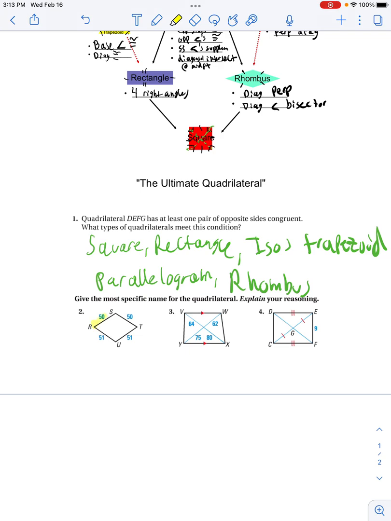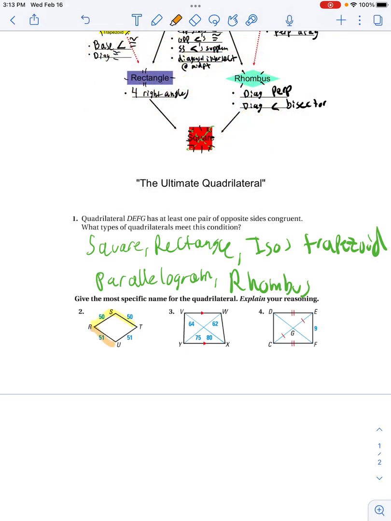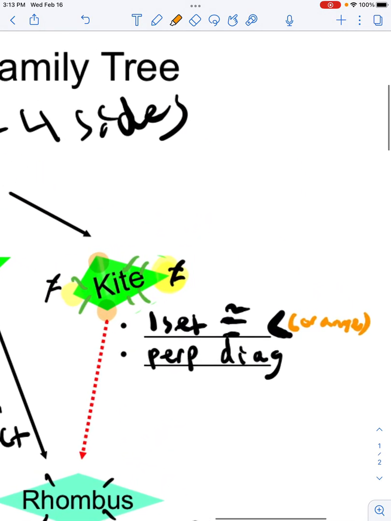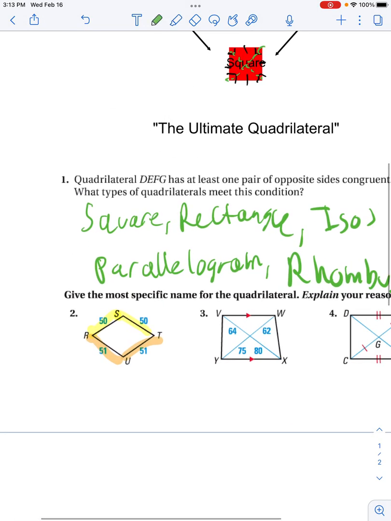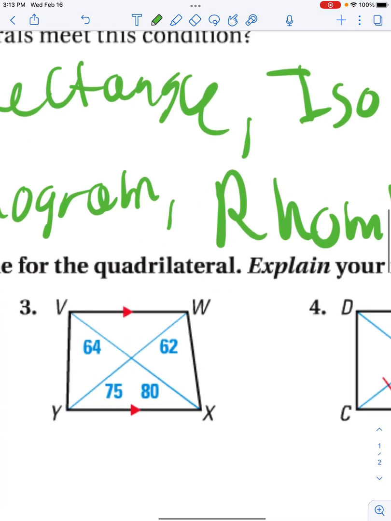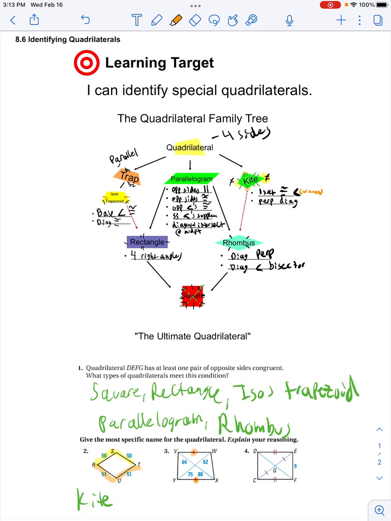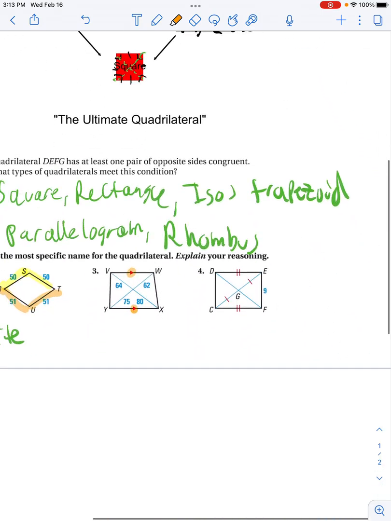Give the most specific name for this quadrilateral. Explain your reasoning. Again, I see consecutive sides being congruent, and there's only one shape that talks about consecutive sides being congruent, and that's a kite. So this number 2 is a kite. I notice I have parallel lines, so immediately I can cross off a kite.